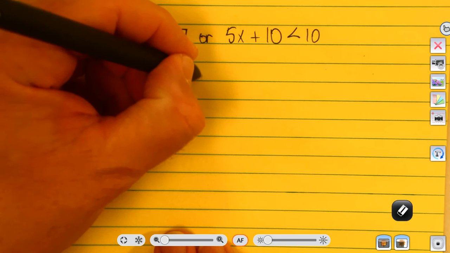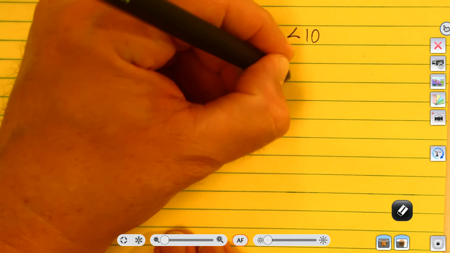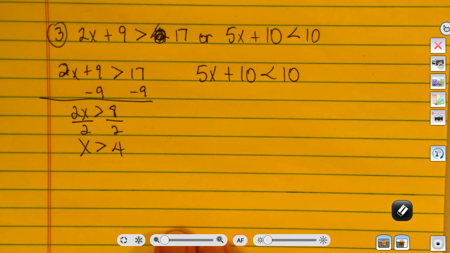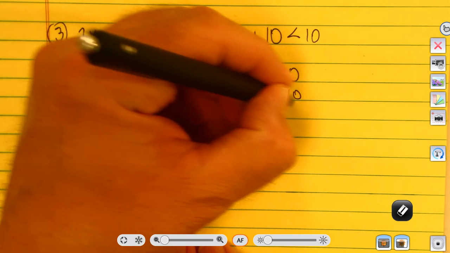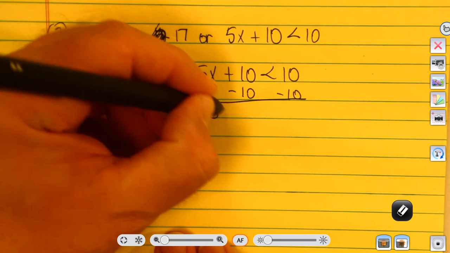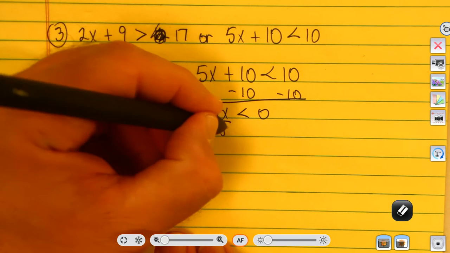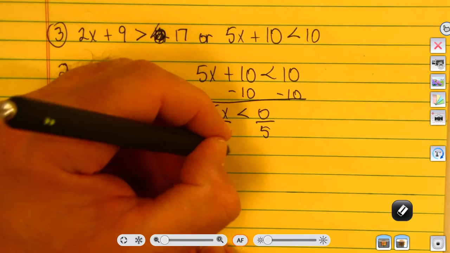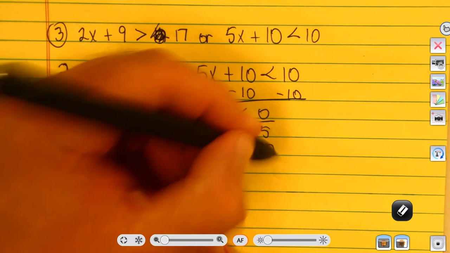All right, so let's look at 5x plus 10 is less than 10. I'll subtract 10 from both sides. And I get 5x is less than 0. Divide by 5. And x is less than 0 divided by 5, which is 0.